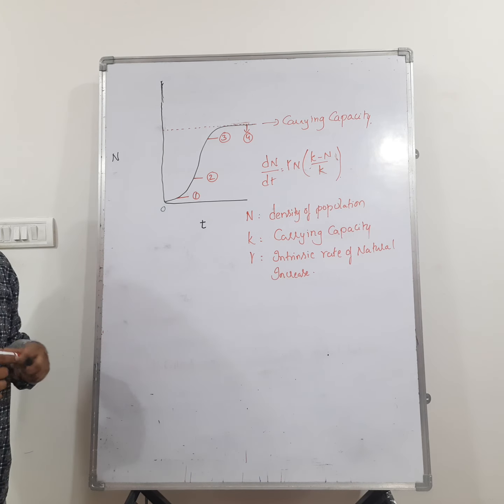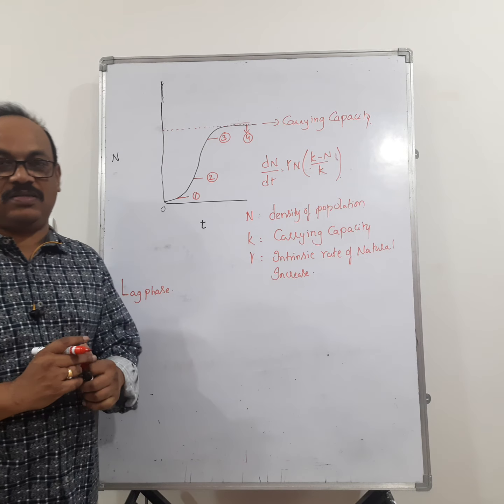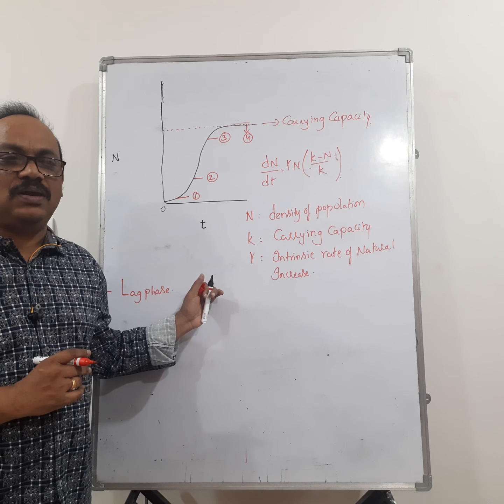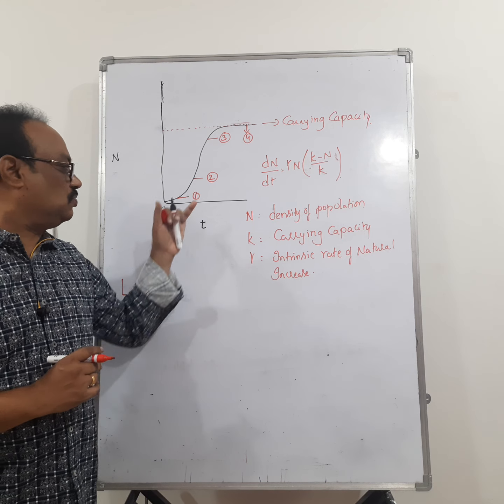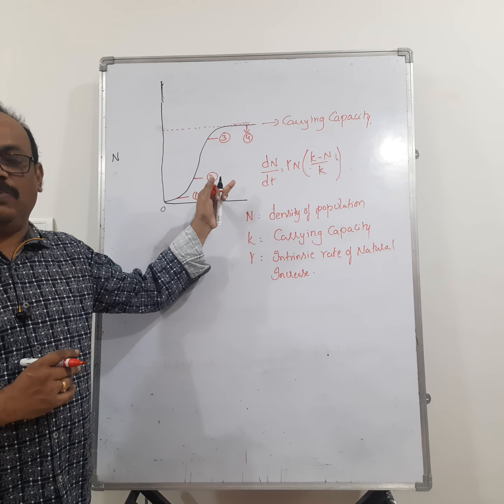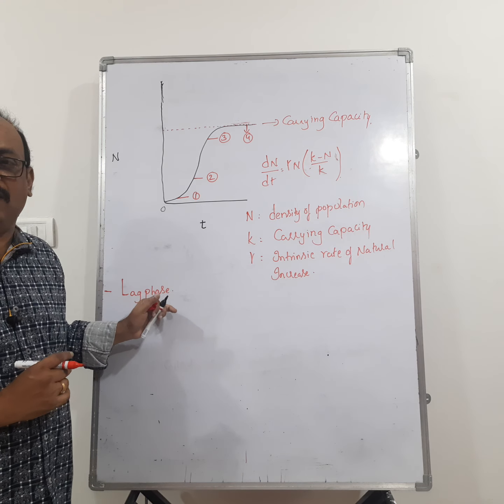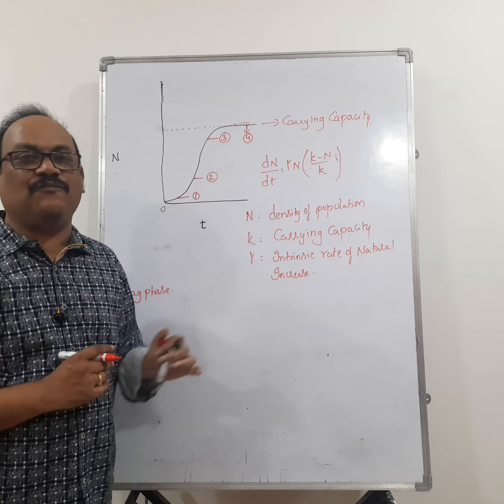Then what is meant by 1? 1 is the, what we can say, lag phase. Lag phase means what? Initial establishment phase. So it is called as initial establishment phase. Here the population first should get stabilized. So we can also call this lag phase as a stabilizing phase.